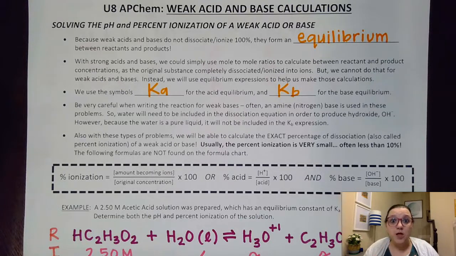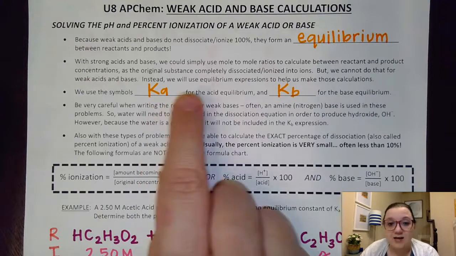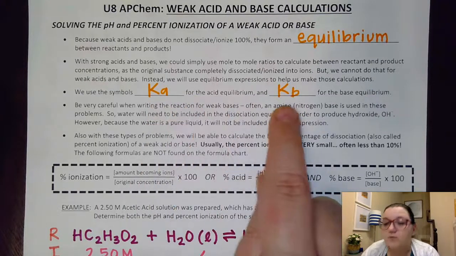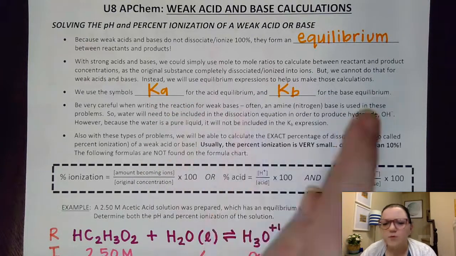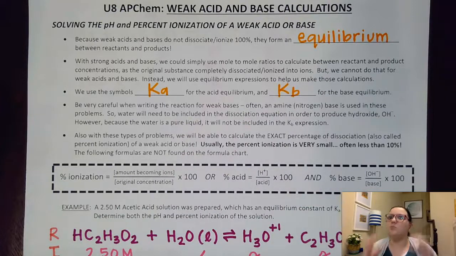When utilizing those equilibrium expressions, instead of Kc we use Ka for an acid equilibrium or Kb for a base equilibrium. Regardless of which you're using, it's still products over reactants, each raised to an exponent equal to its coefficient.